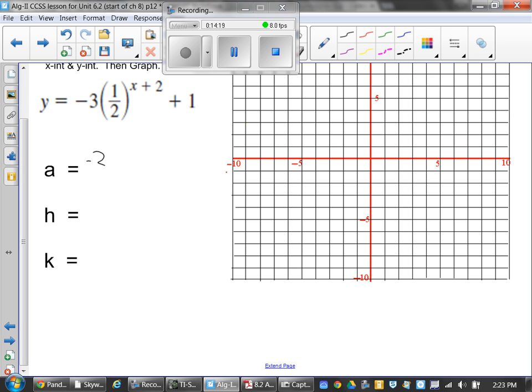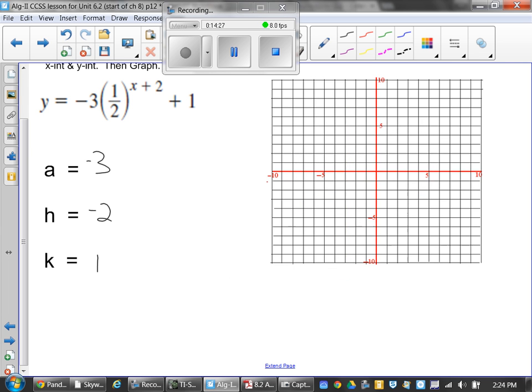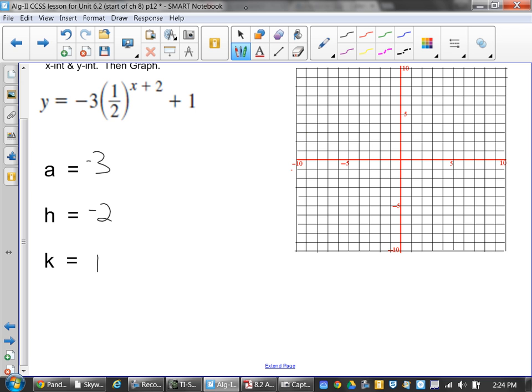So a is -3, b is 1/2, and the equation is y = -3(1/2)^x. Let's see here.